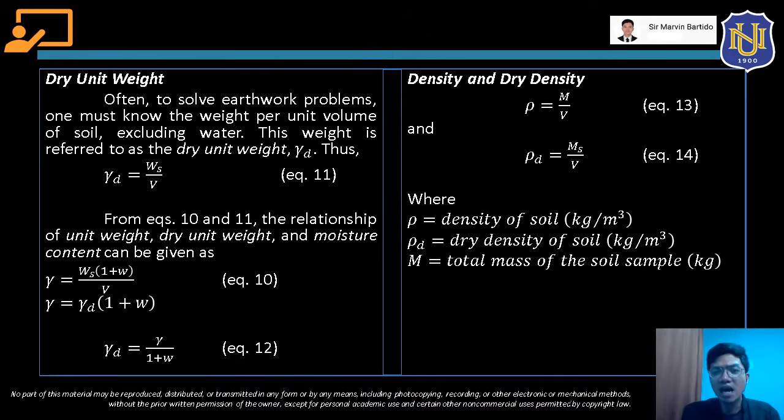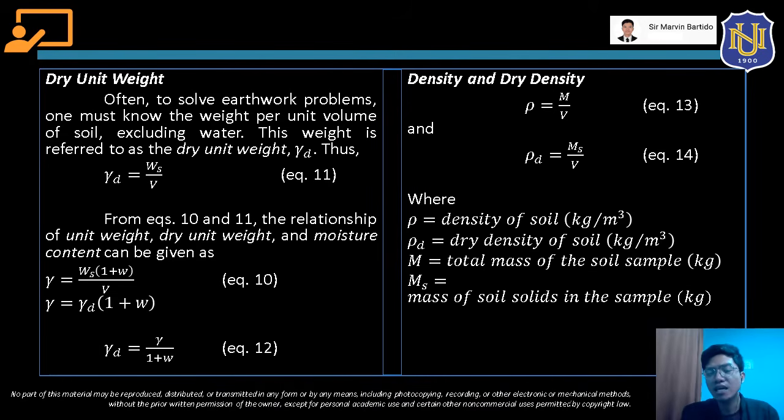And so, class, the unit for density is kilogram per meter cube. So our mass here is in kilograms, and the volume is in meter cube. And for unit weight, class, our unit there is kilonewton for the weight, and then the volume, class, is in meter cube. So for density, kilogram over meter cube is the unit we commonly use.